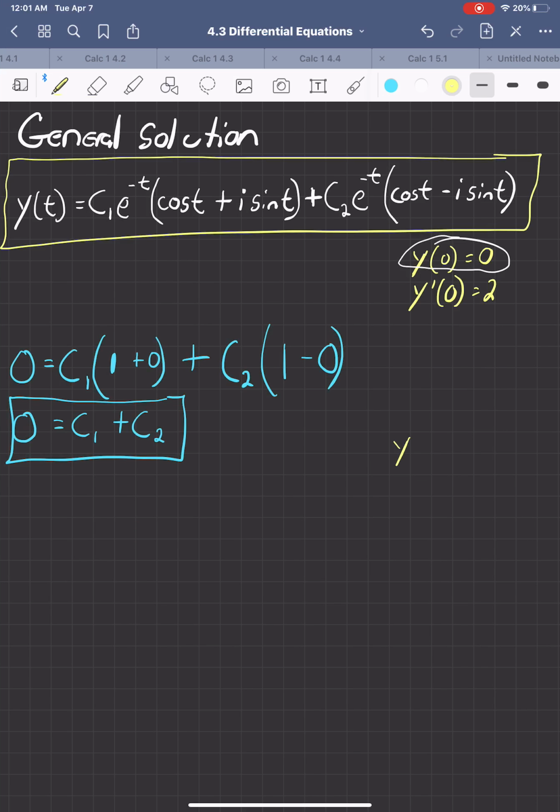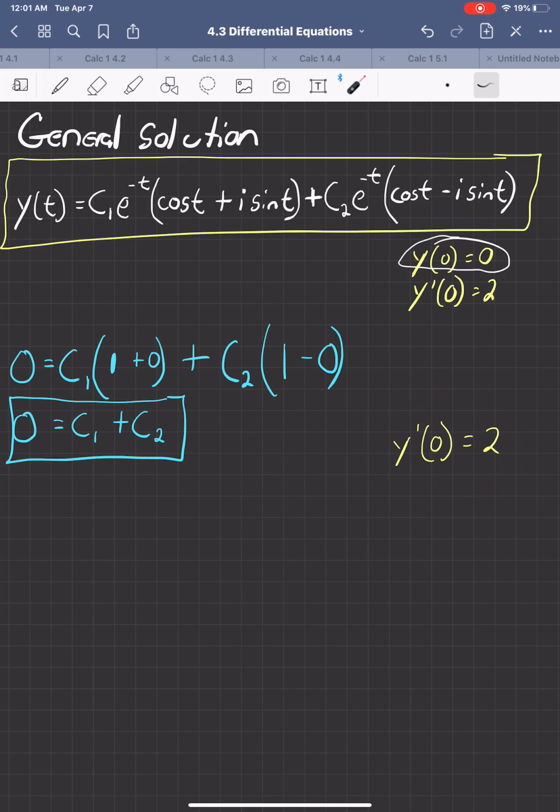So now the y prime of 0 is equal to 2. You can already imagine that that's a little bit messy, but if you listen to this piece of advice, this will save you some time. You can go through and take the derivative of this and then plug in this information.